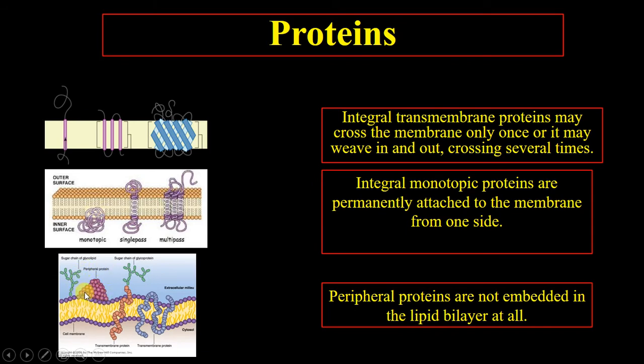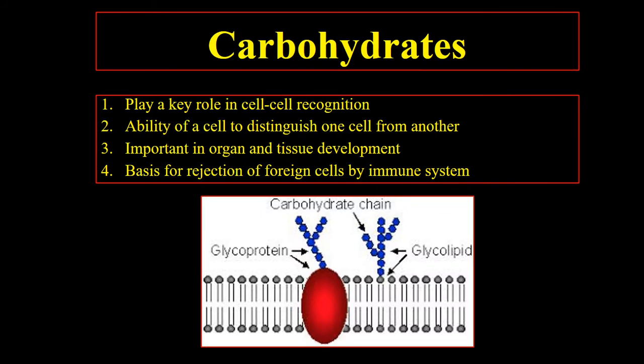Peripheral proteins are not embedded in the lipid layer at all. They are loosely bound to the surface of the membrane, often to the exposed part of integral proteins. The cell membrane contains not only lipids and proteins, but also carbohydrates.